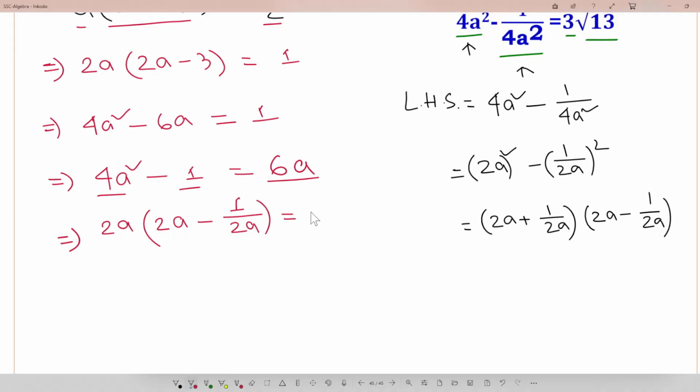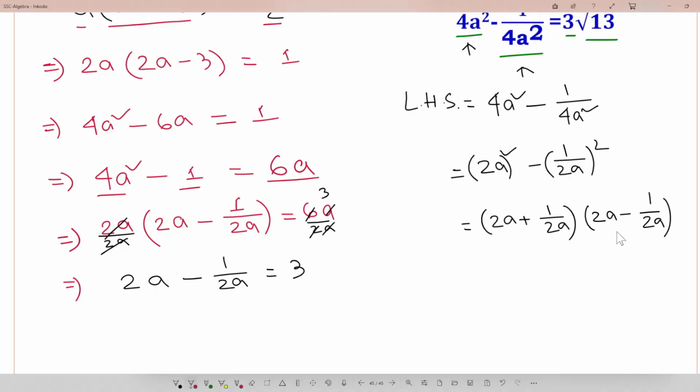And here is 6a. Now we can divide both sides by 2a. It means here is 2a and here is 2a. So 2a divide 2a, it will be out, and here is a and a divide, 6 divide 2, it will be 3. So we can write 2a minus 1 by 2a equals 3.